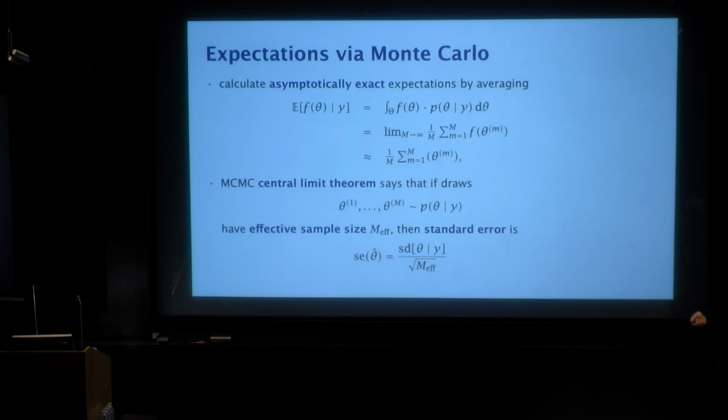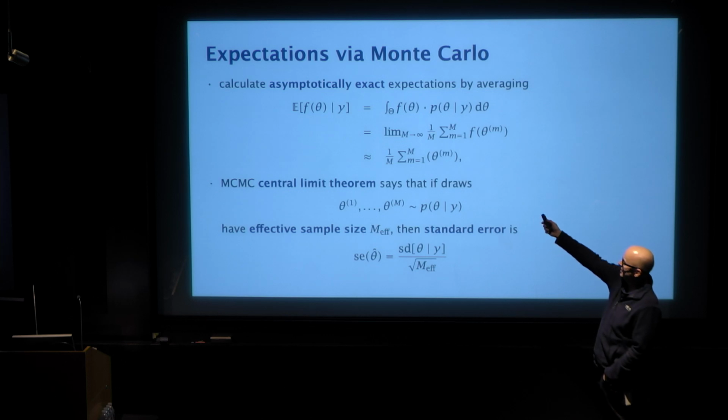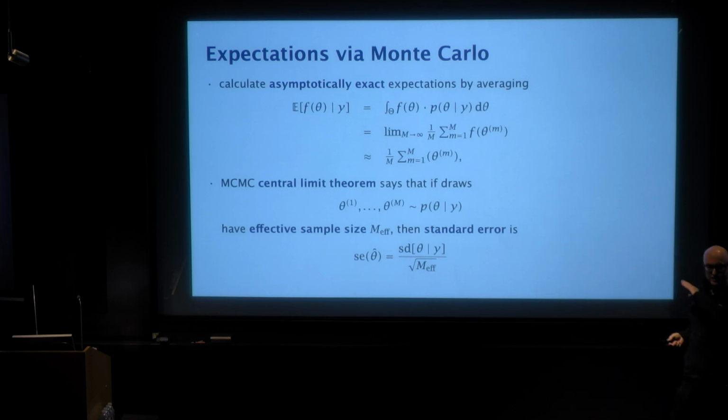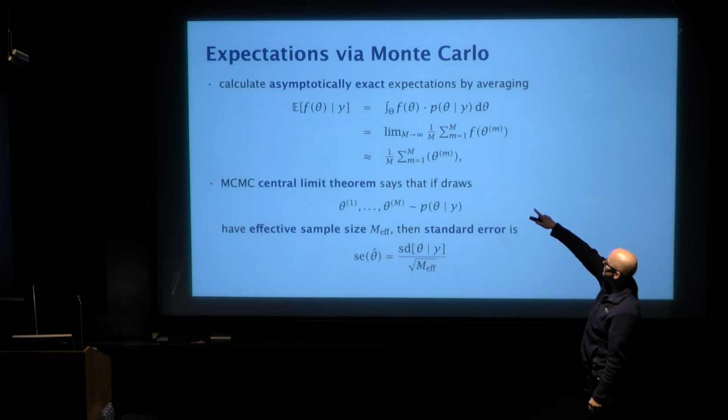And it turns out the way we normally compute this is with Monte Carlo methods. We do expectations via Monte Carlo. So if we want to compute the expectation of f of theta given y, this conditional expectation, and you'll notice that everything we talked about was in this form, then all we do is we're calculating that integral. We're averaging the value of that function f over the posterior.